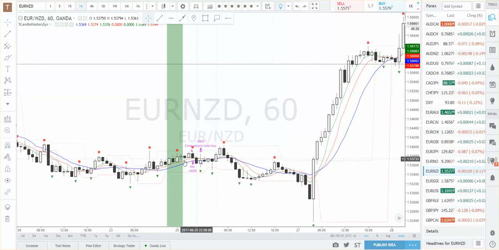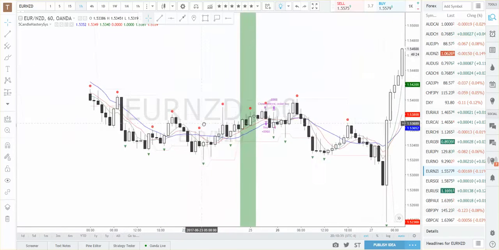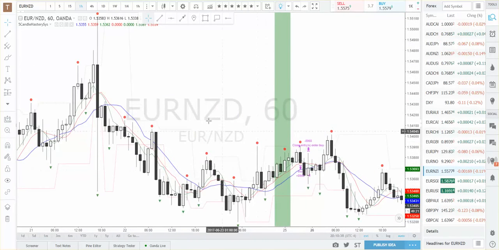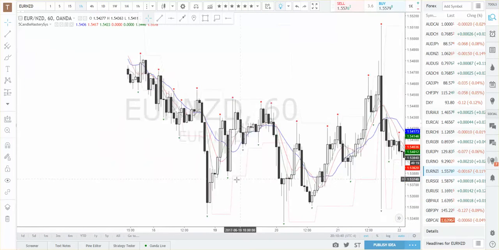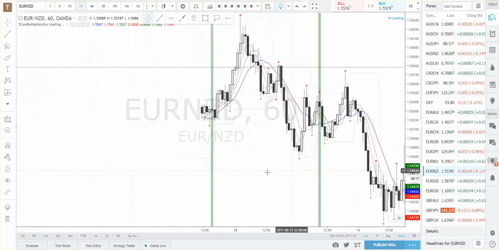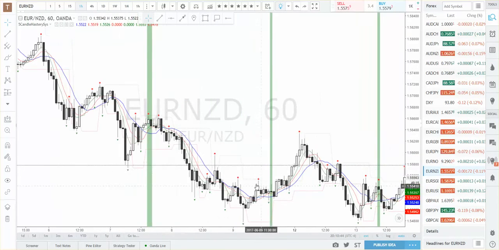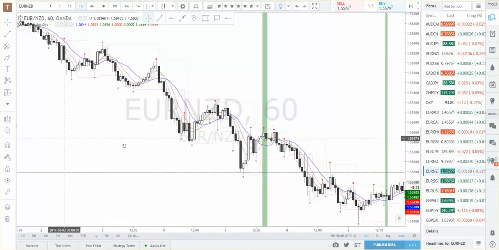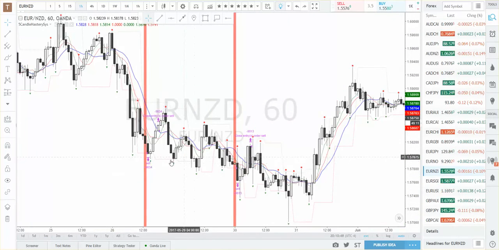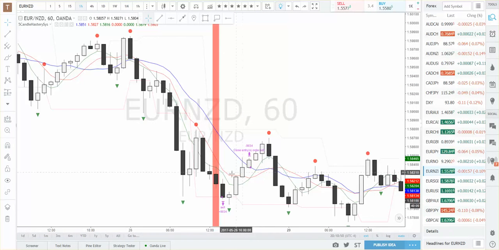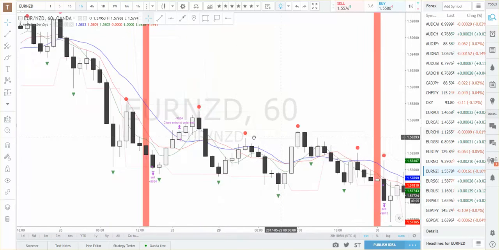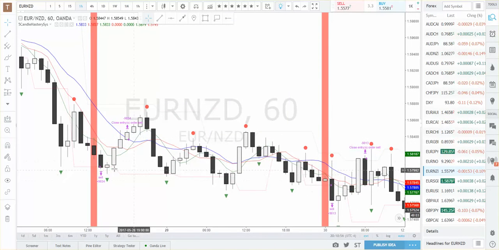This is an example of a buy that got stopped out fairly quickly. Setups that never triggered. These are shorts that failed.